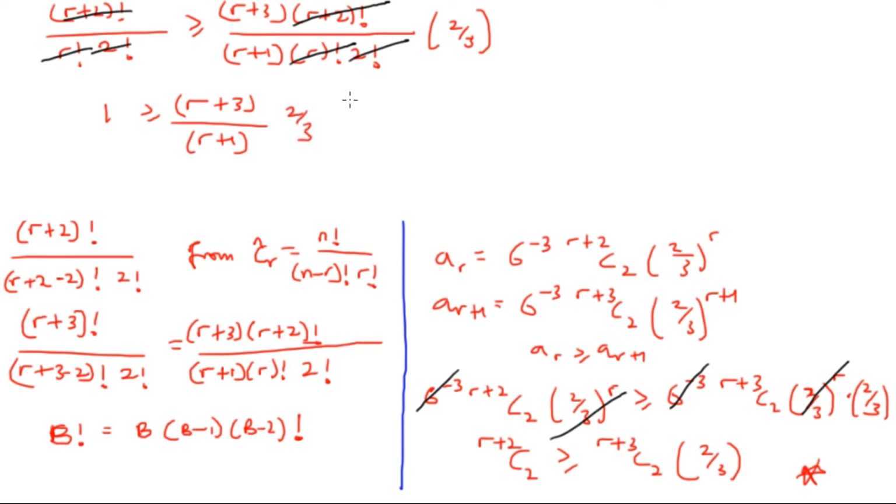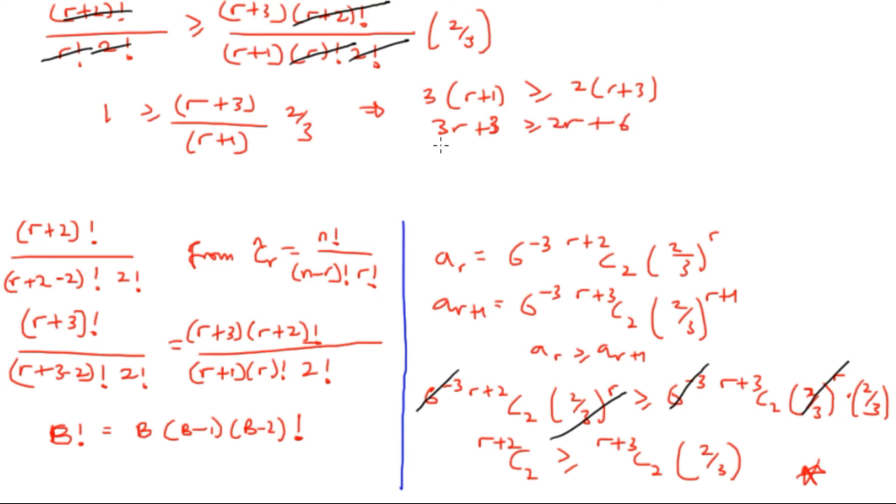Notice that I can cross multiply so that it will be 3 into (r+1) greater than or equal to 2 into (r+3), which is the same thing as 3r+3 greater than or equal to 2r+6.